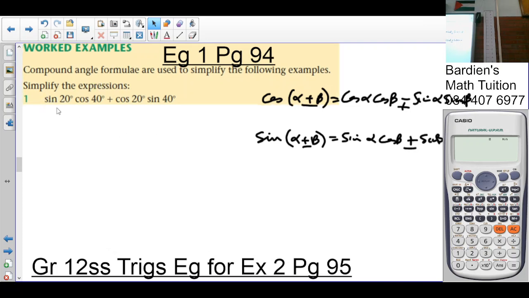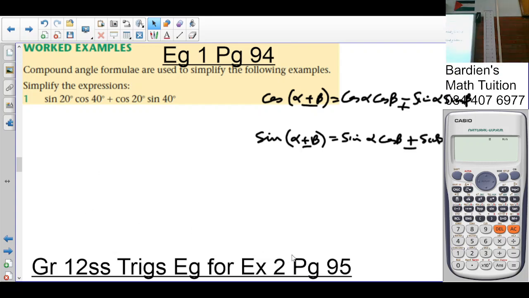So if you look at number 1, we have sine 20 cos 40 plus cos 20 sine 40. So what do we notice here?